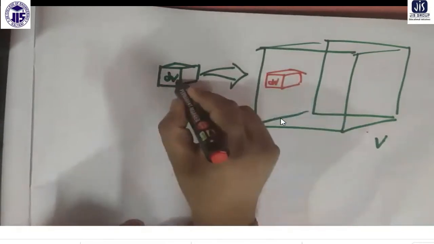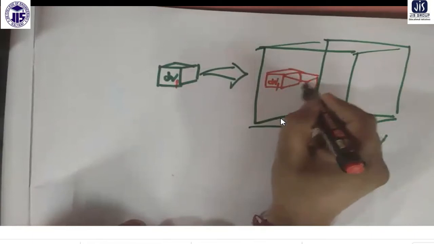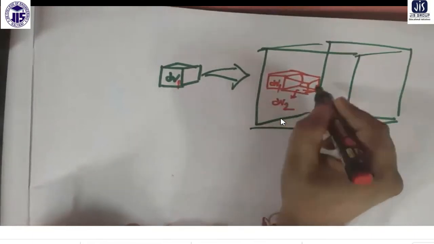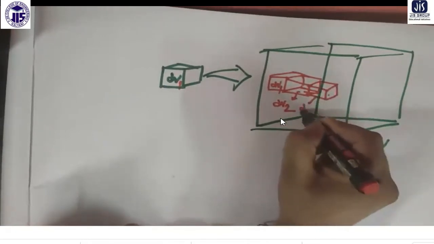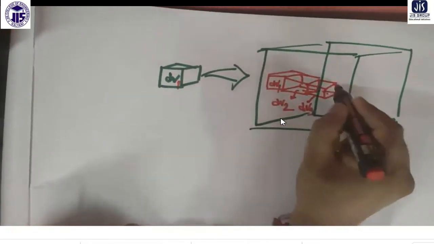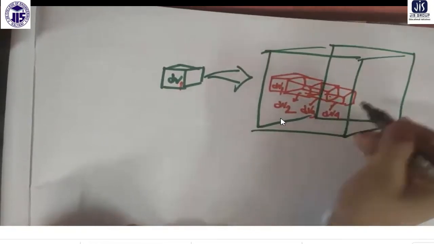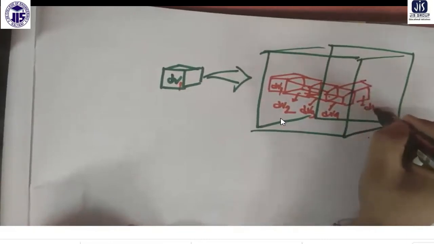Suppose this is dV1, and side by side there is another volume element, dV2. Now this is maybe dV3, this will be dV4, and you can keep on adding. This will be dV5.